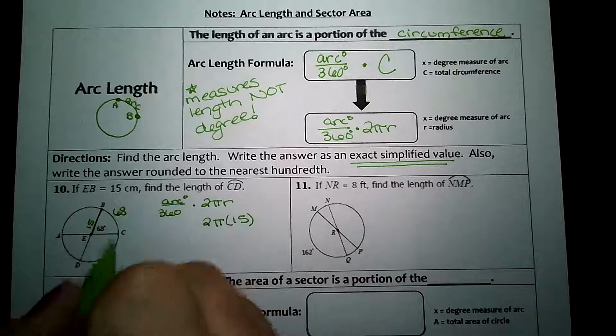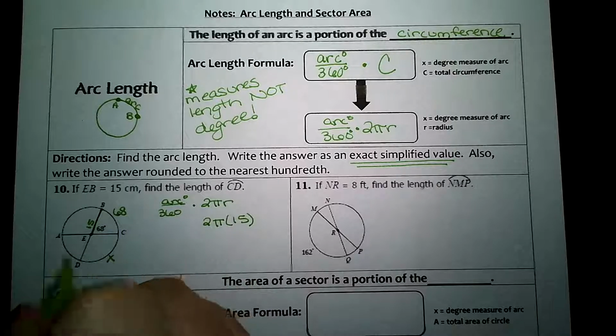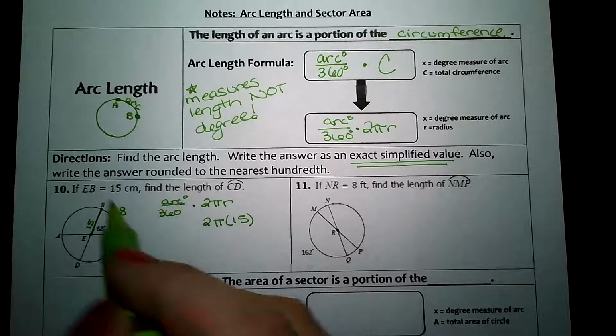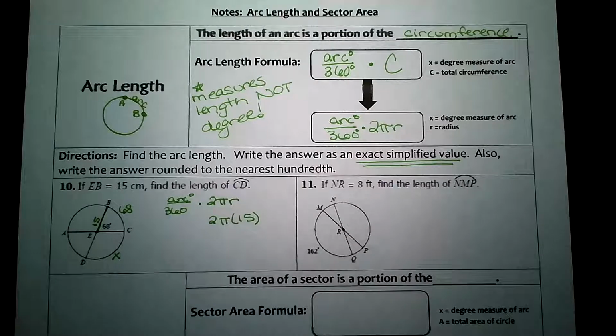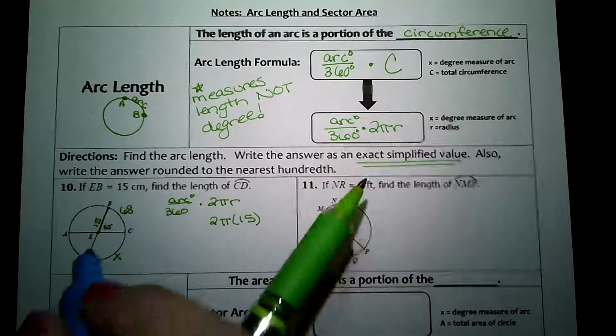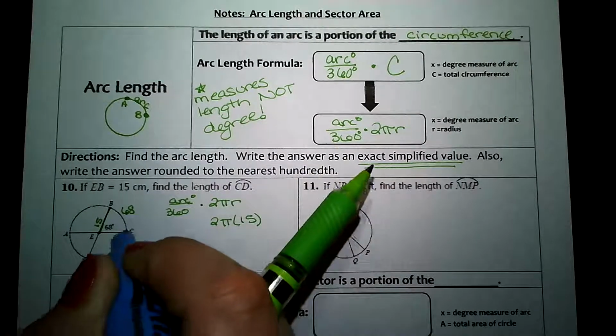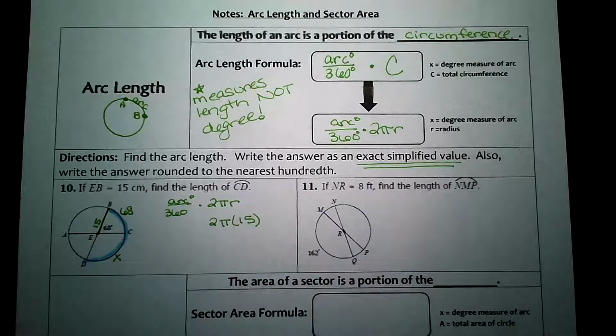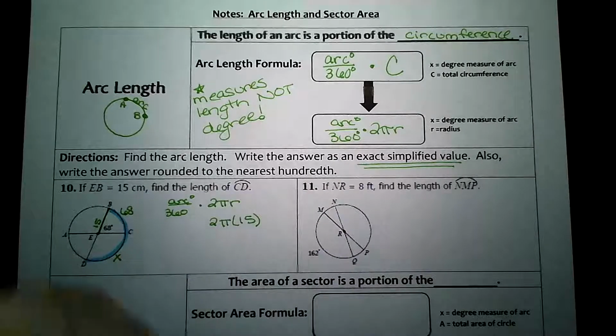The 68 doesn't match up to our arc. But we've done lots of practice now in this unit, and we know how we can find that missing arc. Let's take a look at this circle. Our missing arc and the 68 degrees totals half of the circle. Half of a circle adds up to 180.